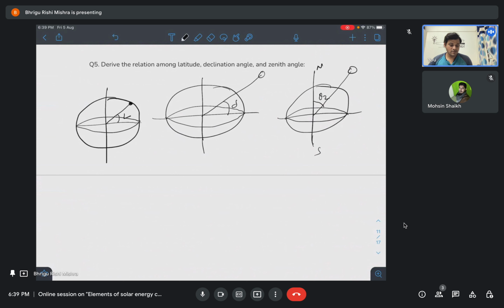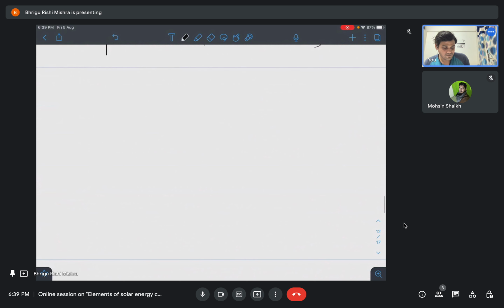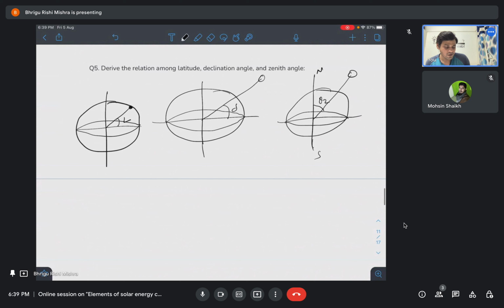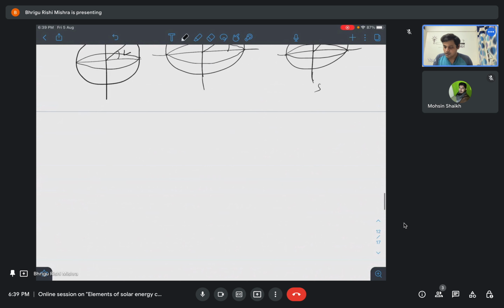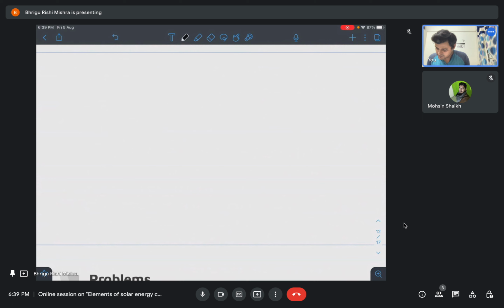So these are three different angles, and we need to find the relation between these three angles for a horizontal plane. Okay, it is better to draw all three angles in a single diagram. So for that we can draw this.